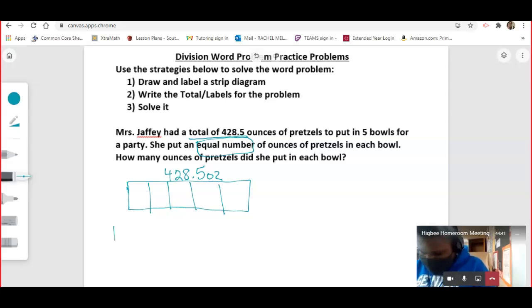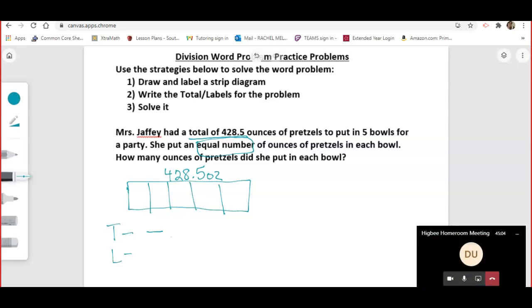All right, so let's just prove it with our totals and labels. Do we know our total or are we trying to find it, everybody? We know it, which means we subtract or divide. Good.